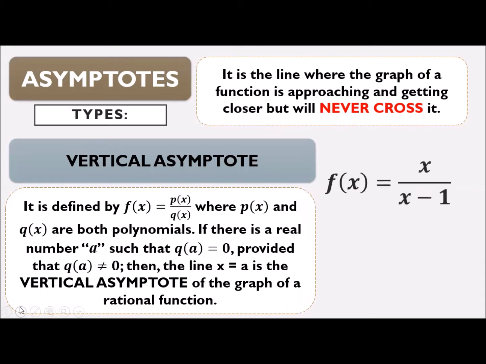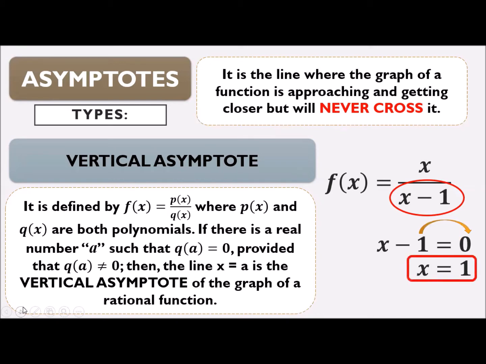Okay? So, for this, para siyang yun dun sa domain. Okay? So, ang kapartner ng vertical asymptote ay ang ating domain. Kung ano yung bawal doon sa domain, yun ang vertical asymptote. Kasi hindi naman tumatama doon yung graph. So, having the same process on the domain, kunin lang si denominator and then solve for the value of x.